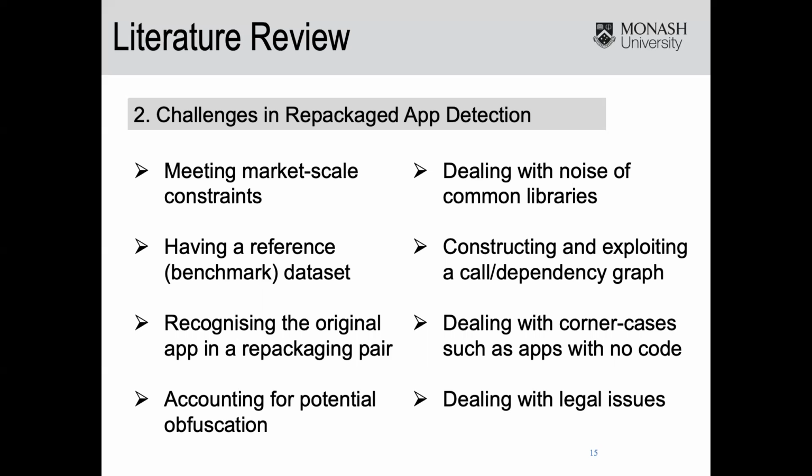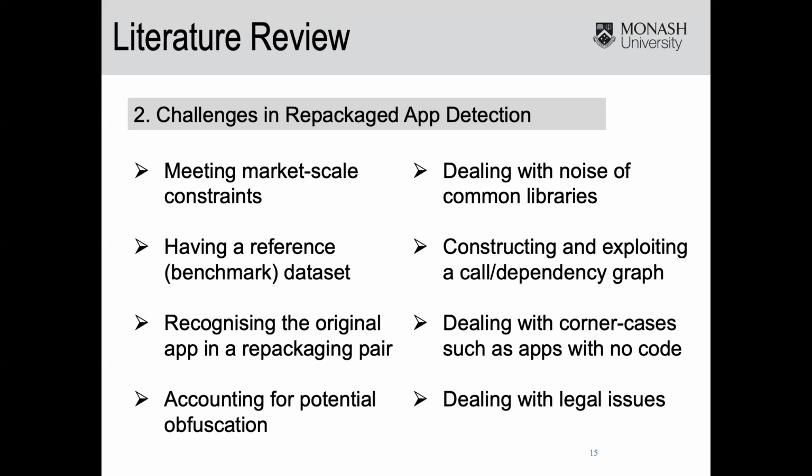And another challenge is that it's hard to construct and exploit a call dependency graph. This is mainly because Android apps heavily rely on events, and the sequence of the events can be totally different, depending on the execution environment.